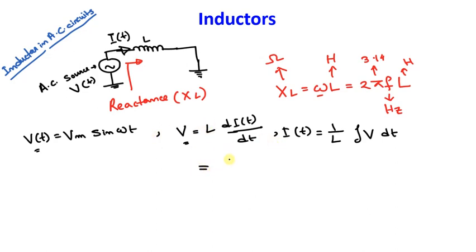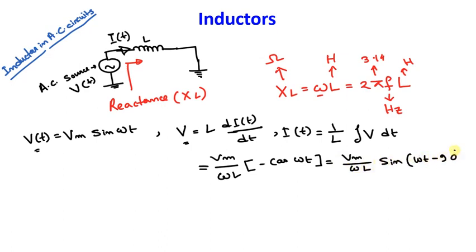If we simplify the expression a little bit more, then I of t can be written as Vm by omega L into minus cos of omega t, which can also be written as Vm by omega L into sine of omega t minus 90 degree, isn't it? Because these two are the same. Here is the interesting thing.